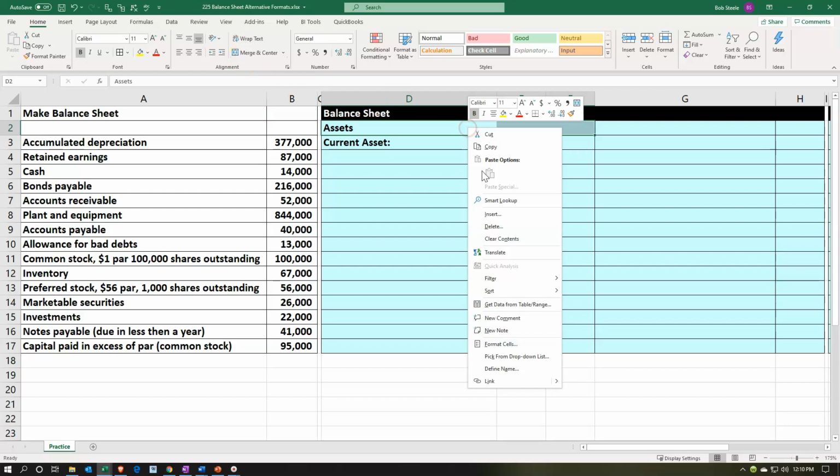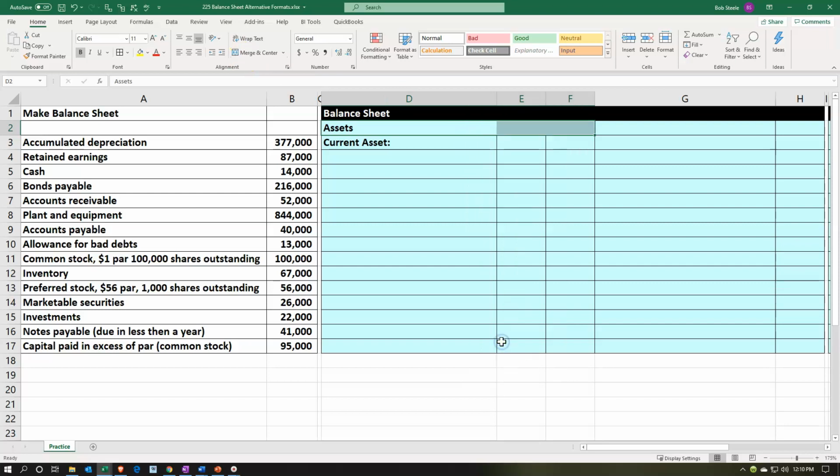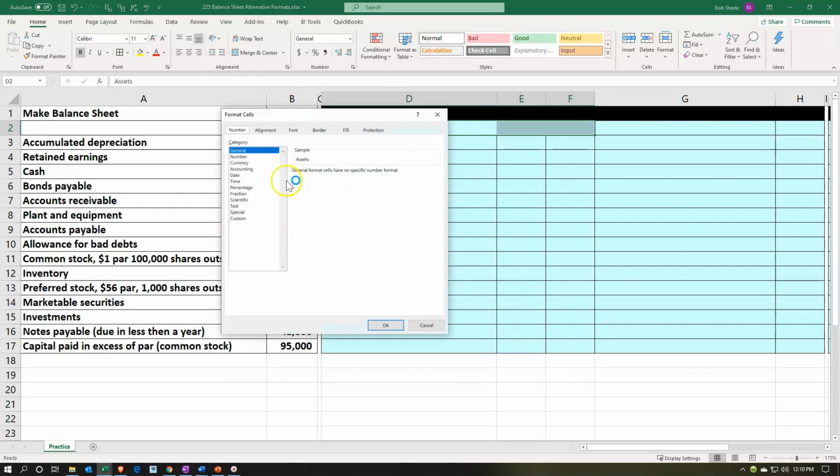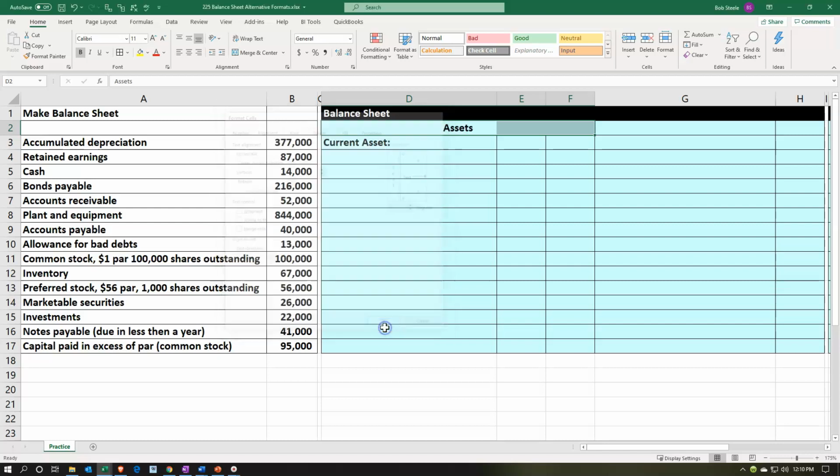I'm going to right click on it, go to format cells, then alignment. I want to go to the horizontal and center it across the selection. That way I don't have to merge any cells into one cell, and it'll still center across. But this cell is still there, it's not gone away. So that's another way you might see it.